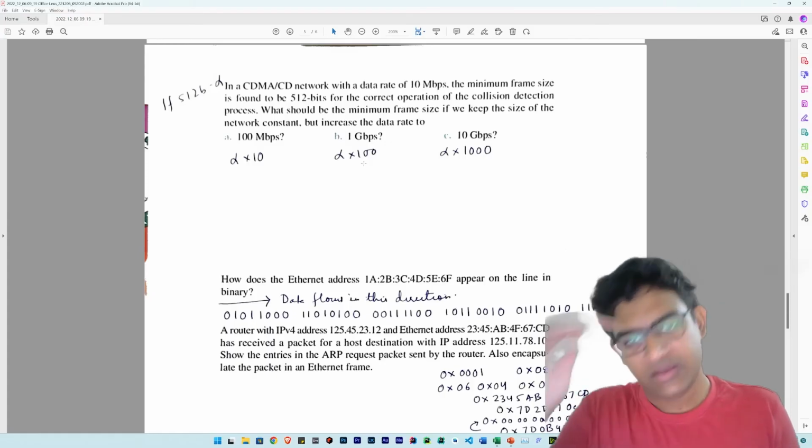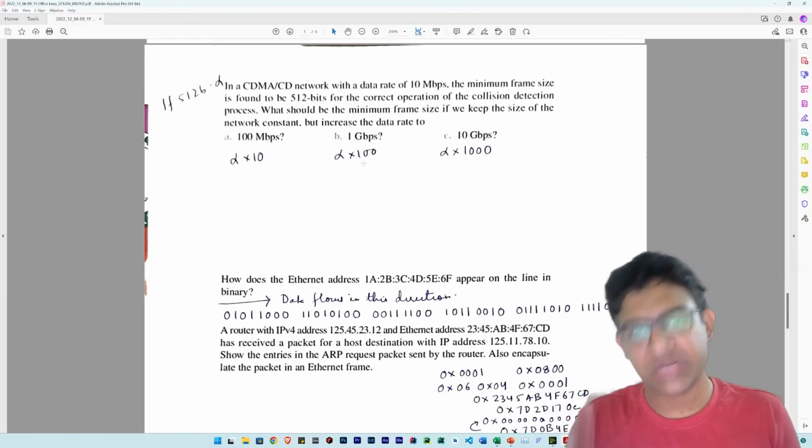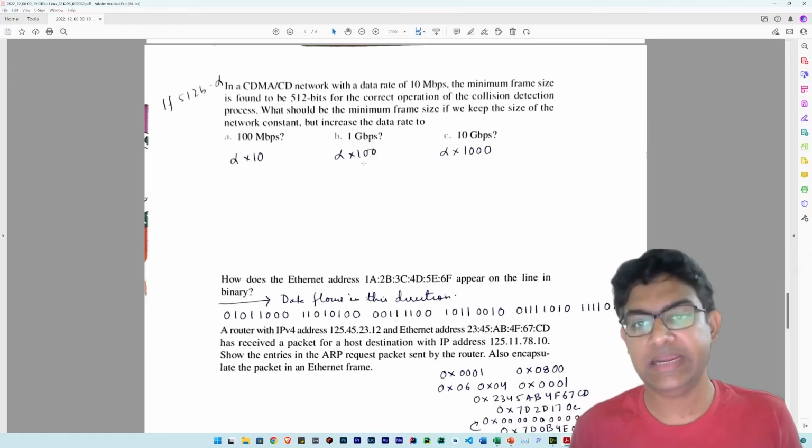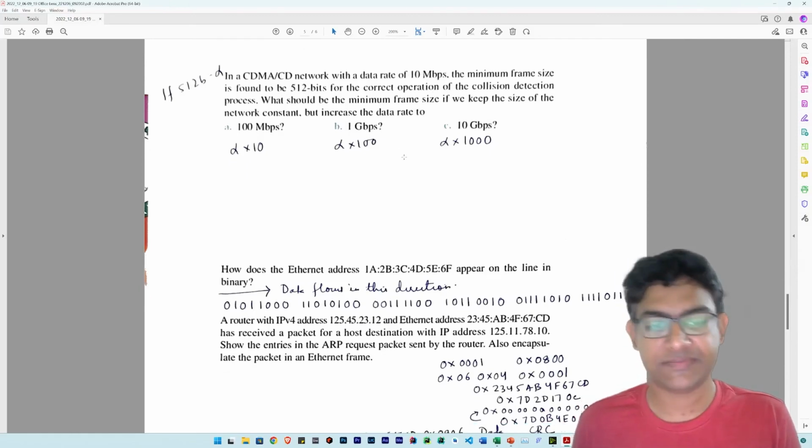Then size of the packet divided by bandwidth will still be at least equal to 2 times propagation delay. And if it becomes 1000 times, then the frame size should be alpha into 1000, because 10 Gbps is 1000 times of 10 Mbps.